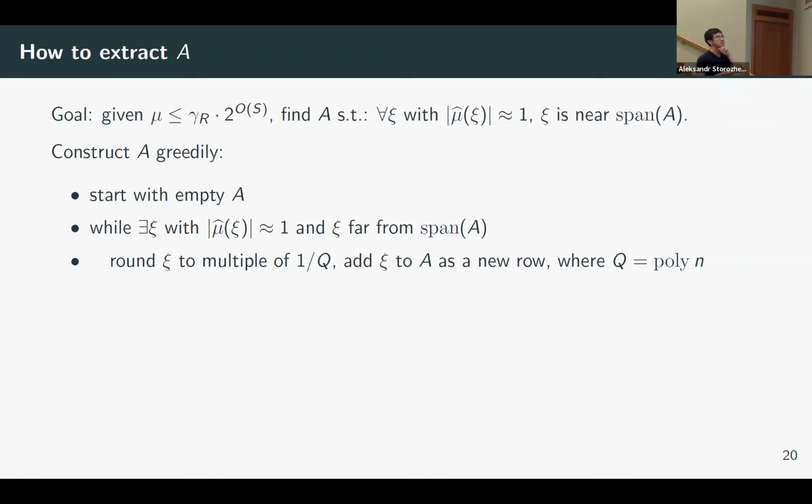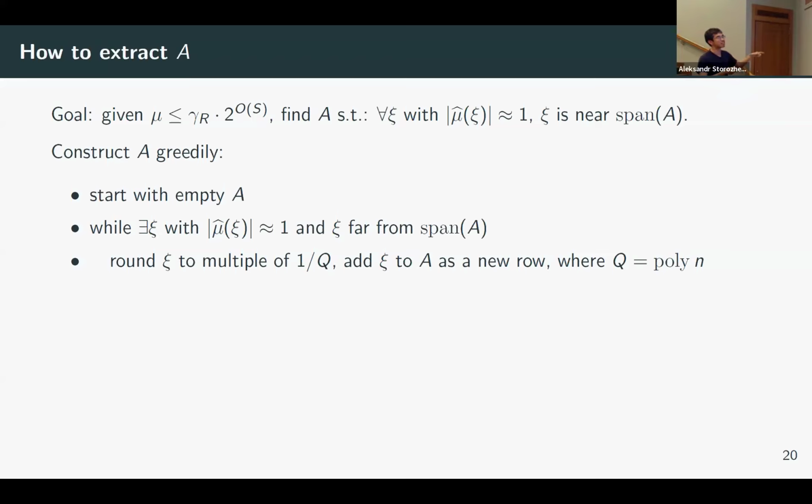So we start with the empty matrix, and then as long as there exists some psi with Fourier value close to 1, and the psi is far from the previous rows we have added, then we add this psi to A. But we need to round it to something like 1/poly(n) so that we can actually use this A as a sketching matrix, such that every entry uses log n bits at most.